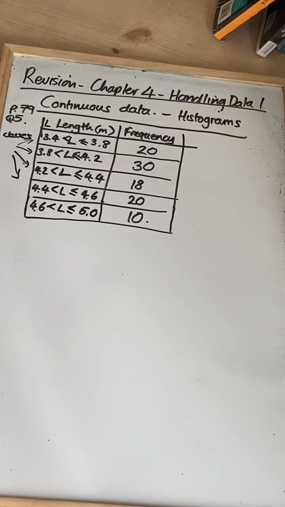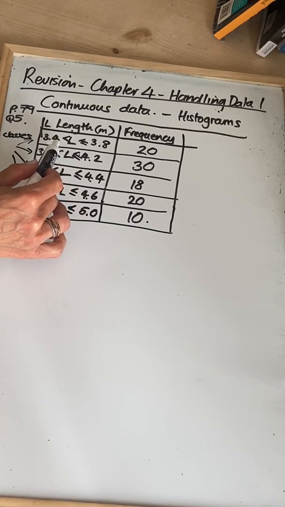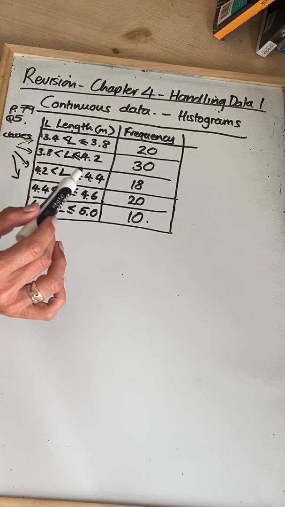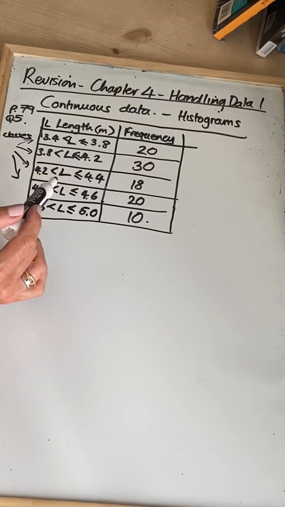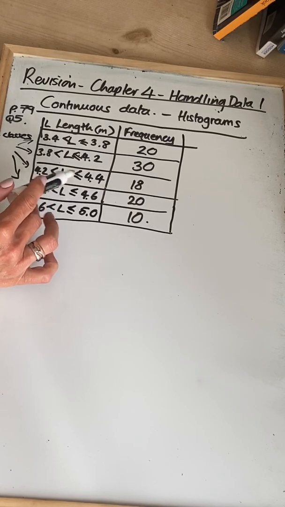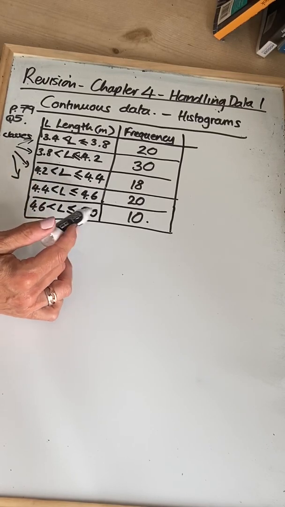Okay, now what we want to do is plot these lengths of cars against their frequencies. Now the problem is that these cars here come in different class widths.